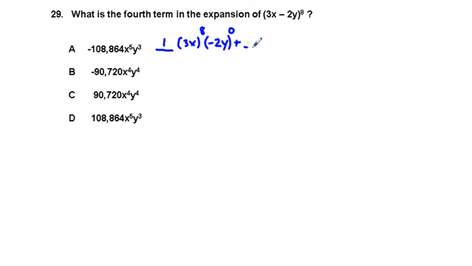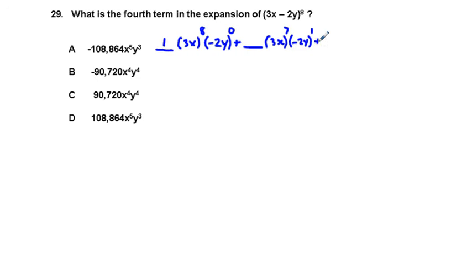We're going to have some coefficient for our second term, times 3x to the power of 7 times this negative 2y to the power of 1.